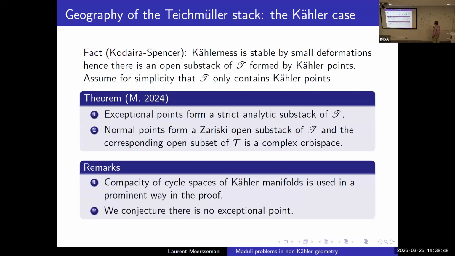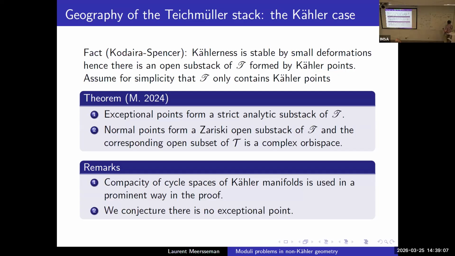Okay, so this is a geography of the Teichmüller stack in the Kähler case. So you have a nice Teichmüller stack. You have some analytic substack of jumping points, which can be very complicated.